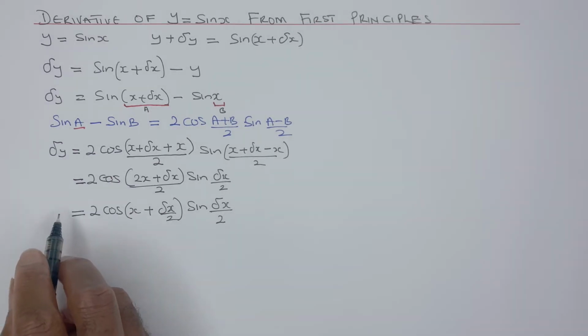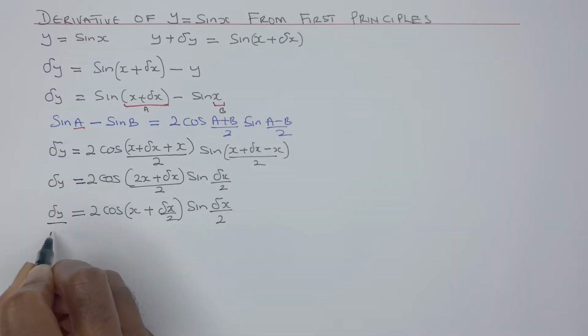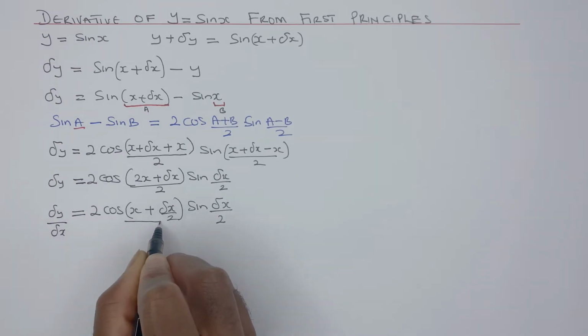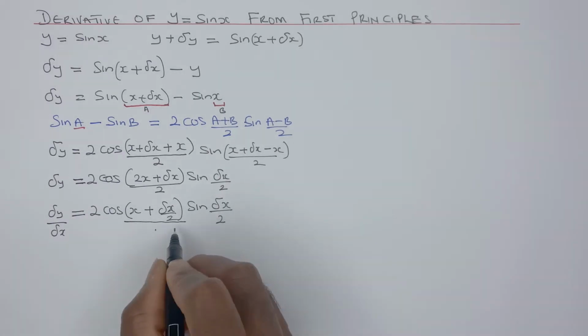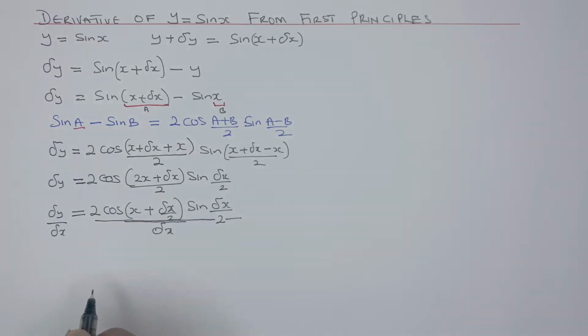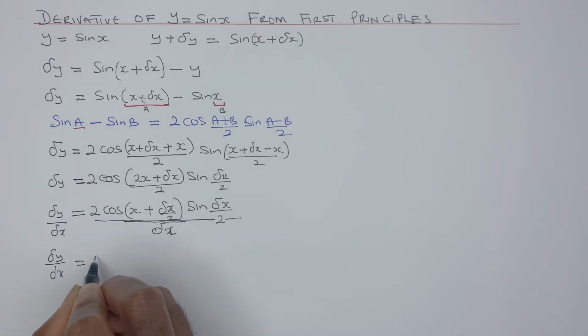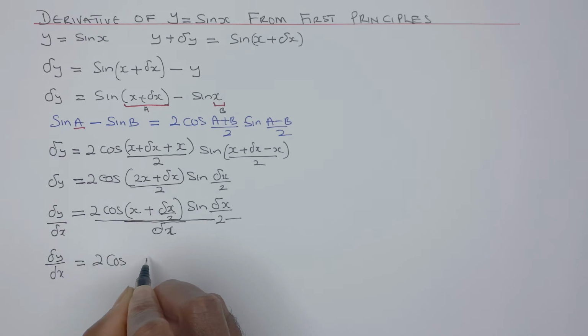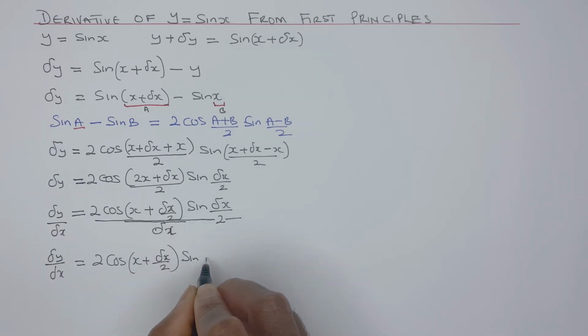I need to divide through by delta x. Divide the whole thing by delta x, which can then be written as delta y over delta x equals 2 cos of (x plus delta x over 2), sine of (delta x over 2), over delta x.